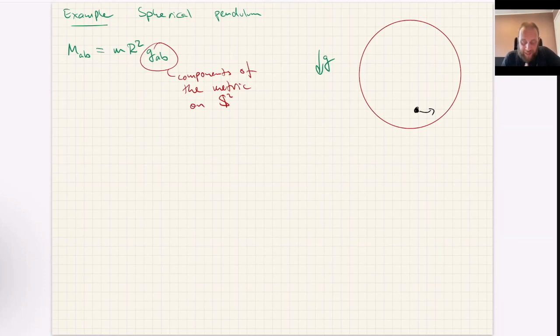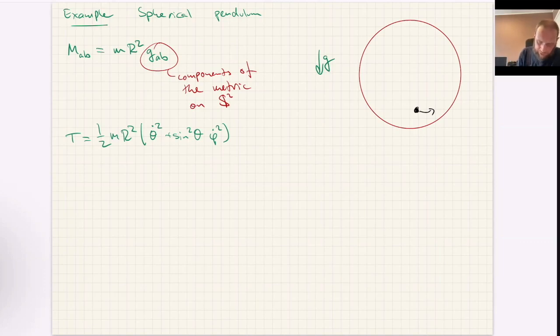And you can imagine that this is the case because if I write down here the kinetic energy, so T here would be 1/2 m r squared, and I will have theta dot squared plus sine squared theta phi dot squared, where theta and phi are your typical spherical coordinates. Okay, so that's the kinetic energy.